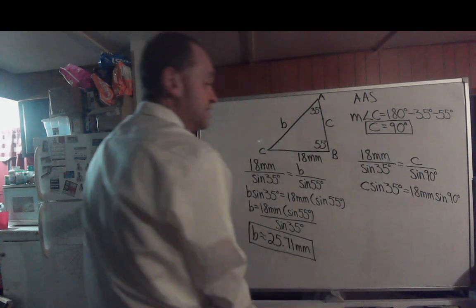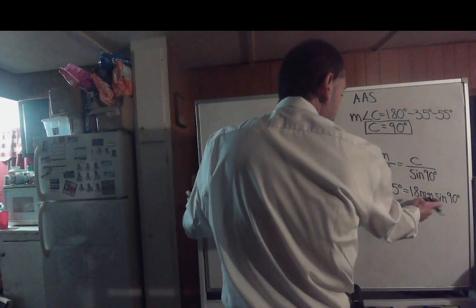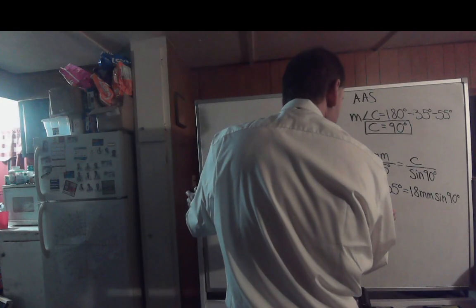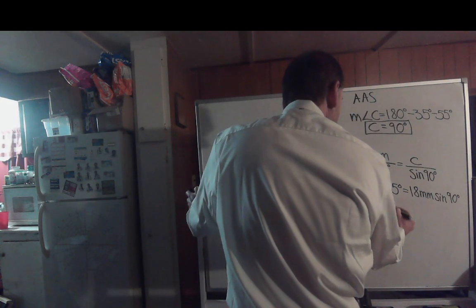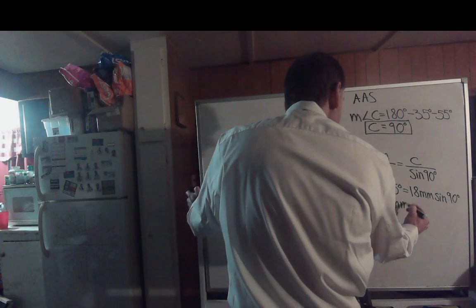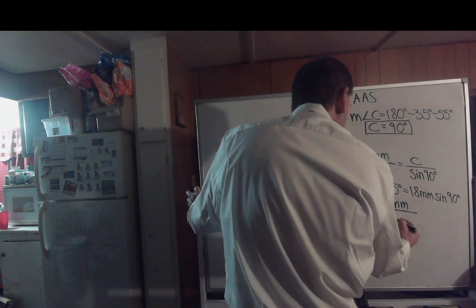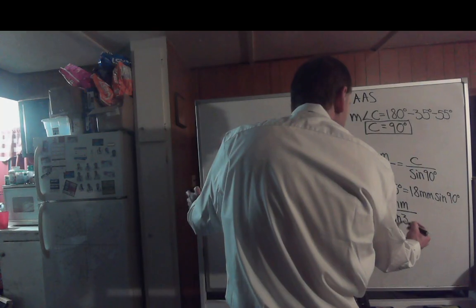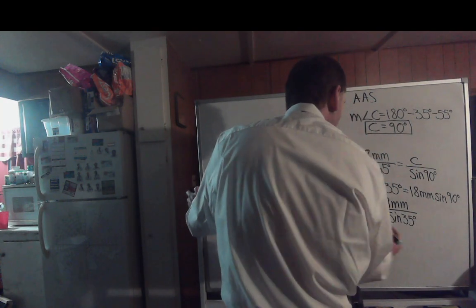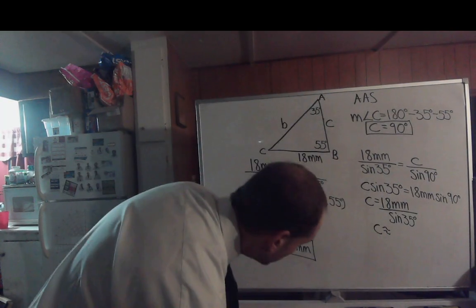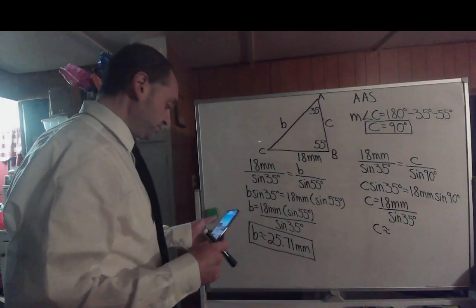Well, this is easy. What's the sine of 90? That's just 1, right? So you would just have 18 millimeters over here. So C would equal 18 millimeters divided by the sine of 35 degrees, because the sine of 90 is exactly equal to 1. So now we should be able to get a 2 decimal place approximation.